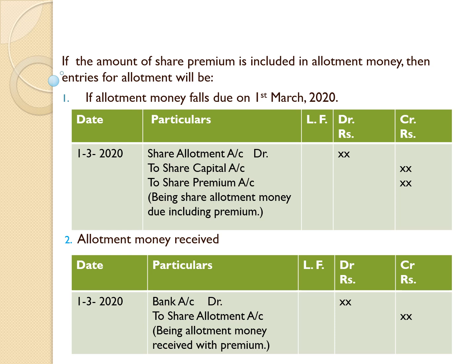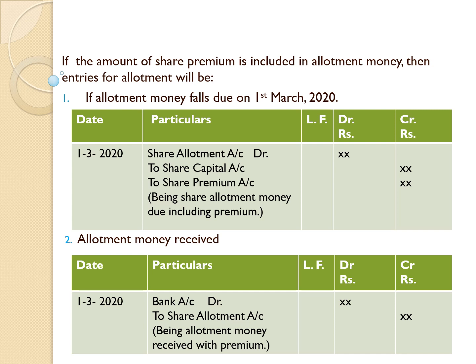When allotment money is received, this entry will be passed. There are 5 columns we have prepared here. First column is date, another column is particulars, third one is ledger folio, fourth debit rupees, and fifth credit rupees. When allotment money is received, in the date column, we are going to record 1st March 2020, bank account debit.